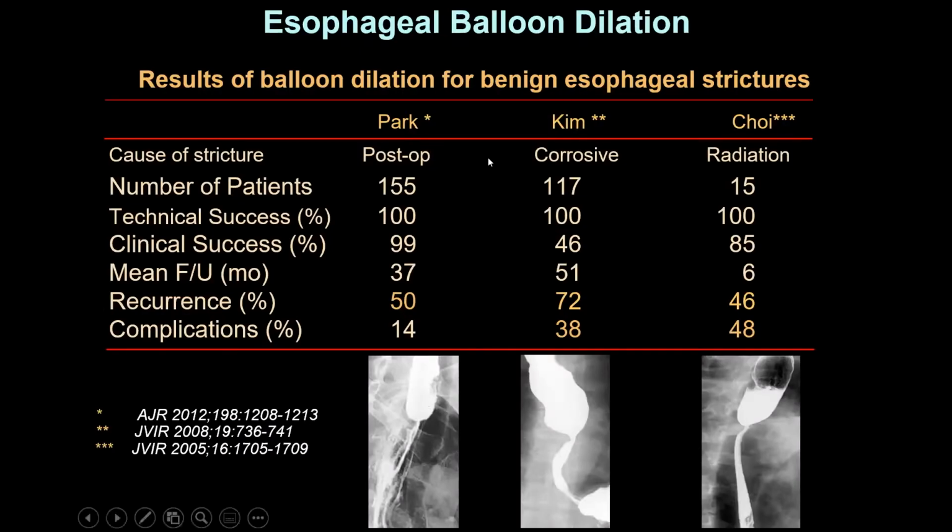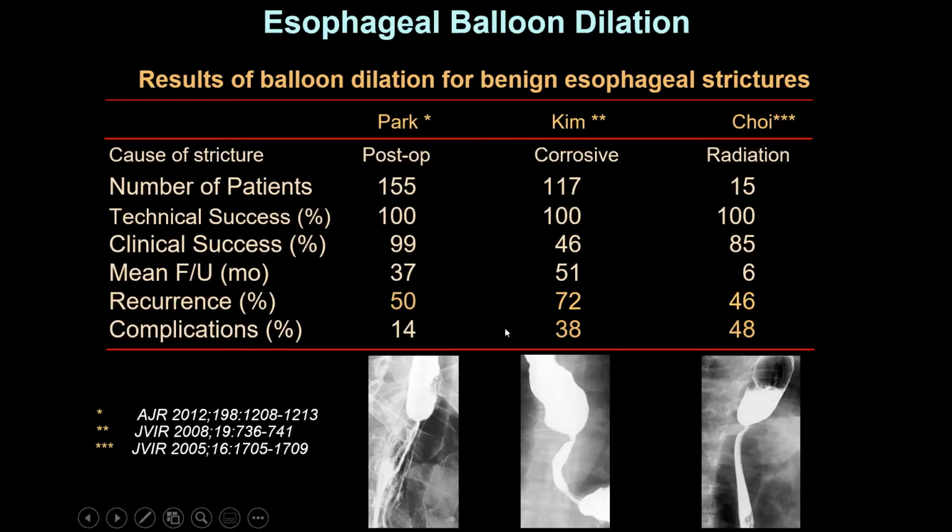You remember that the balloon dilation is an accepted treatment for benign esophageal strictures. This table shows our research for benign esophageal strictures, including post-operative strictures, corrosive strictures, and radiation fibrosis. Here you can see the recurrence rate are 50% for post-operative strictures and 72% for corrosive strictures and 46% for radiation fibrosis.